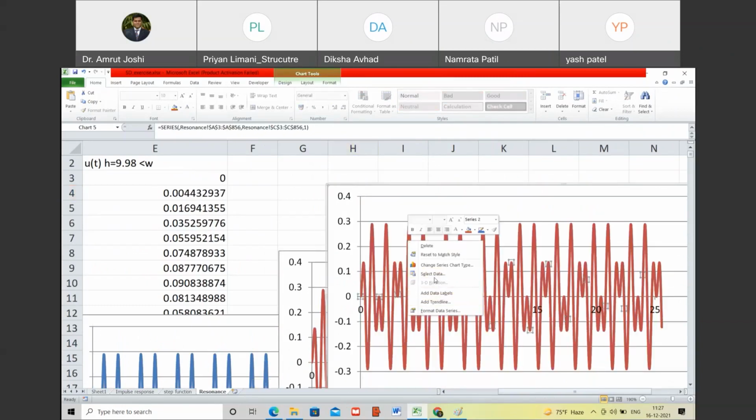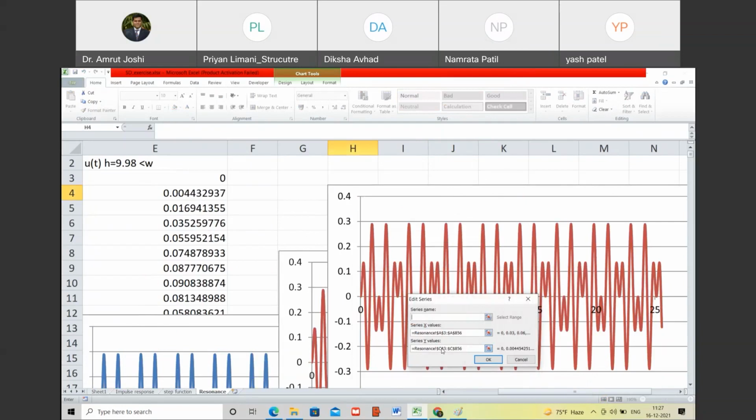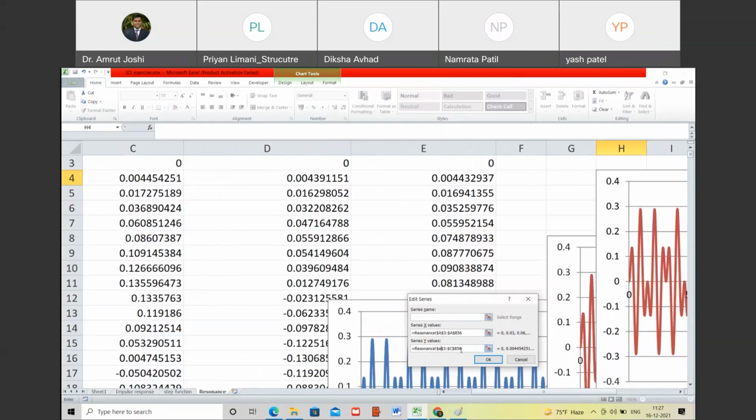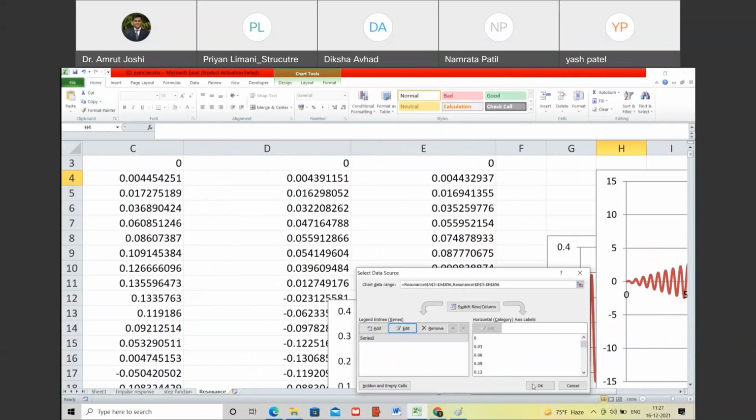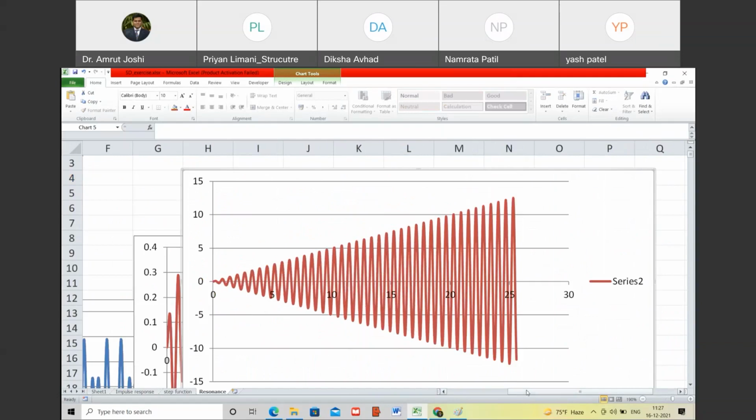Here instead of D, I have to remove one series, E. So this response now has become very close to resonance.